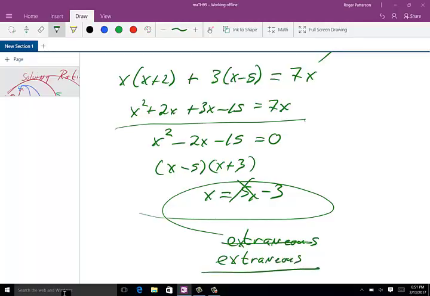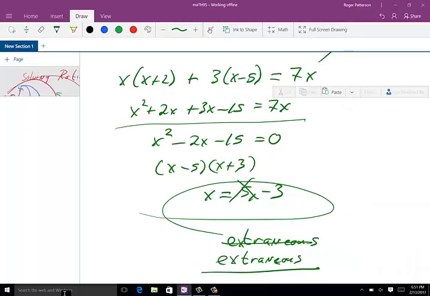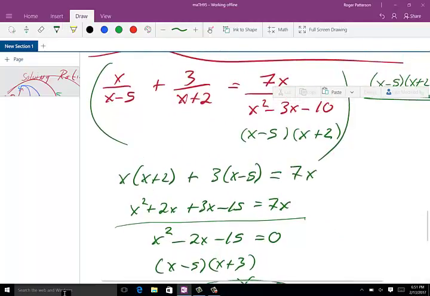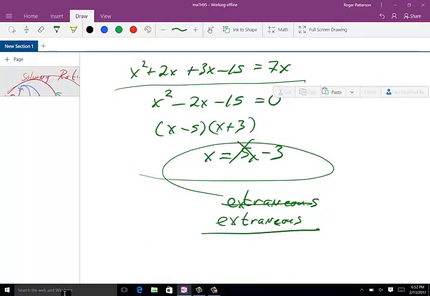You get an extraneous solution. So you're getting an extra solution when you multiply to clear out the bottoms. We ended up getting this 5, but when we put 5 back into that original equation, we get 5 minus 5, which is 0, and that's where the problem comes in. So you need to be aware that you could get some answers that are not correct.